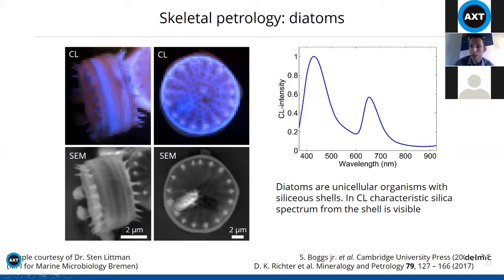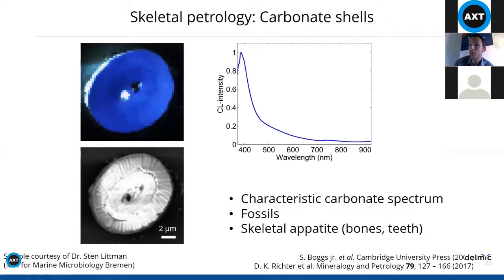And you can do the same for carbonate based organisms. This is an organism with a carbonate shell, and it has a characteristic carbonate spectrum, very blue. Of course, these types of things you can also do in fossilized materials.